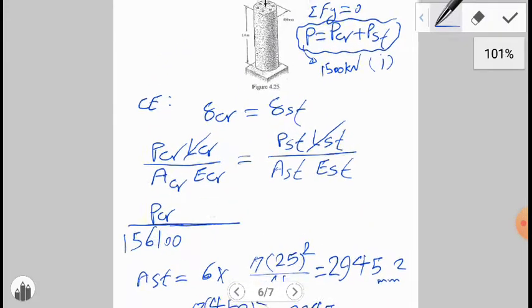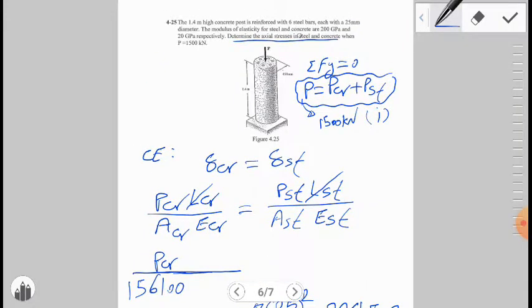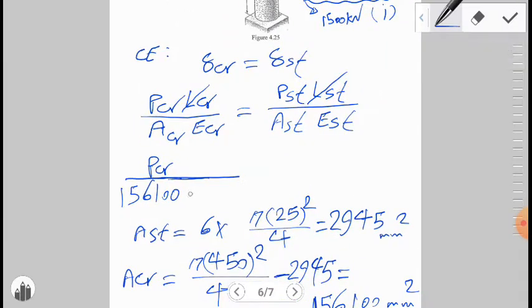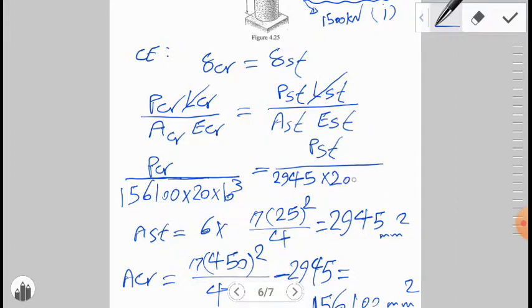E concrete, based on the question data we have, concrete is 20 gigapascal. 20 gigapascal to megapascal is equal to P steel, which is unknown, A steel and E steel, 200 gigapascal to megapascal.